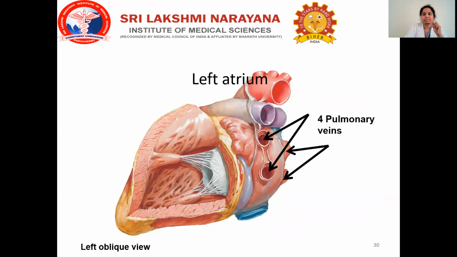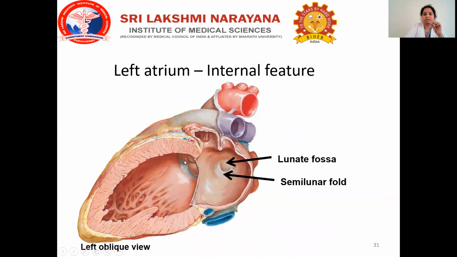The left atrium seen from the left oblique view, receiving the four pulmonary veins: superior and inferior left pulmonary veins, and superior and inferior right pulmonary veins. After opening the left wall of the left atrium, the interatrial septum separating the left and right atria is seen.